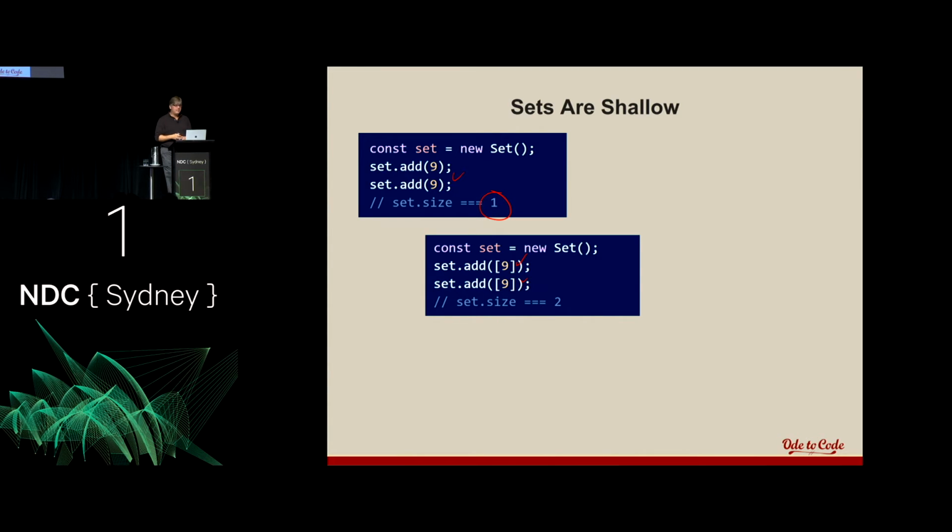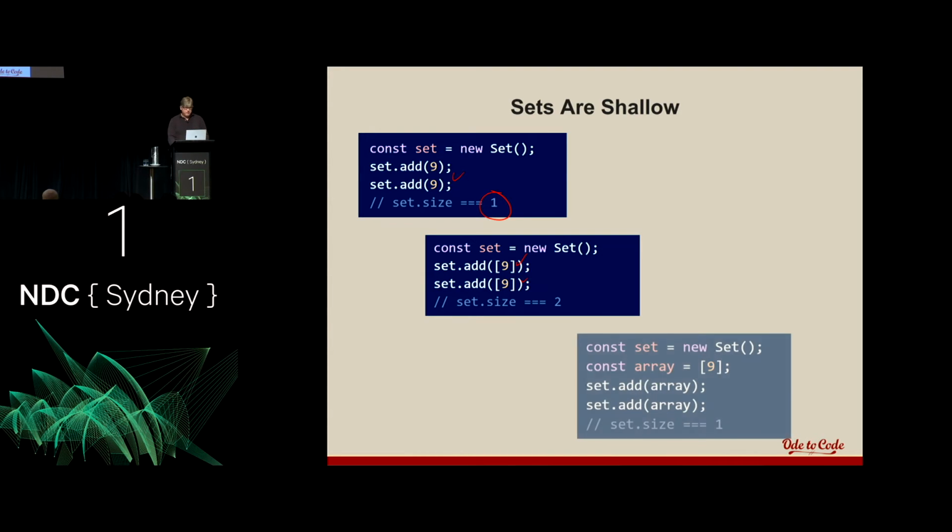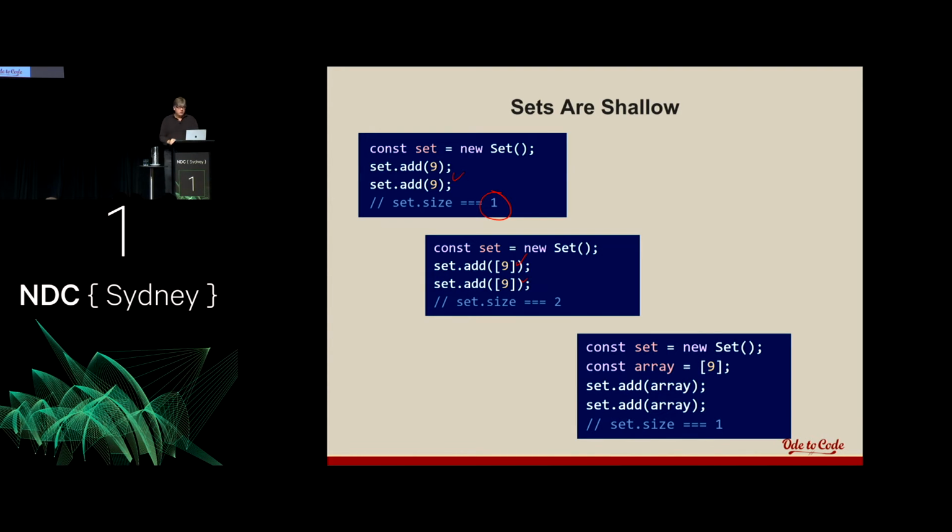So it's going to happily accept those 2 different arrays, and the set size will be 2. Makes sense to a lot of people when they see this, I think, right? You just have to be aware that that is the behavior. If I were to try to add the same object reference twice, so the same array I try to add twice, then the set.size would just contain that array, wouldn't add it twice.